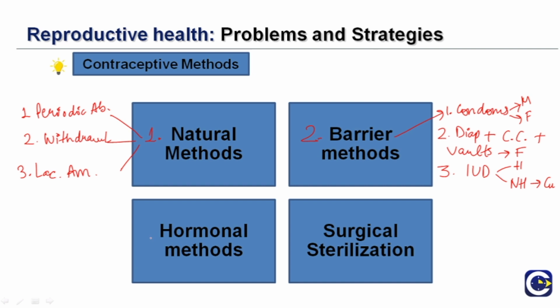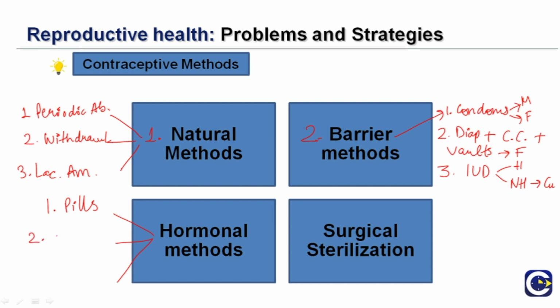The third one we saw was the hormonal method. And again under hormonal method, we first saw the pills. These pills, again, they suppress the hormones LH and FSH from the anterior pituitary. They should be taken for 21 days and then not taken for 7 days. And during these 7 days, the menstruation occurs.